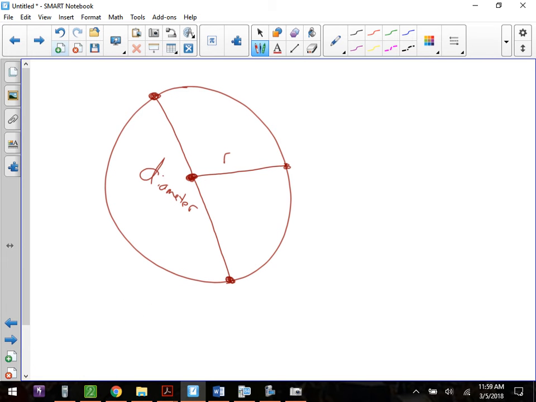So the diameter is made up of two what? Yeah. So the diameter, if you remember, is equal to double a radius, or you take half of a diameter and you get the radius. If your radius is 4, your diameter is 8, correct.